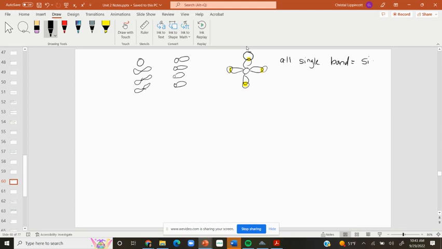Sigma bonds are sometimes abbreviated like this, like an O with a little curly Q coming out of it. That is end-to-end orbitals.